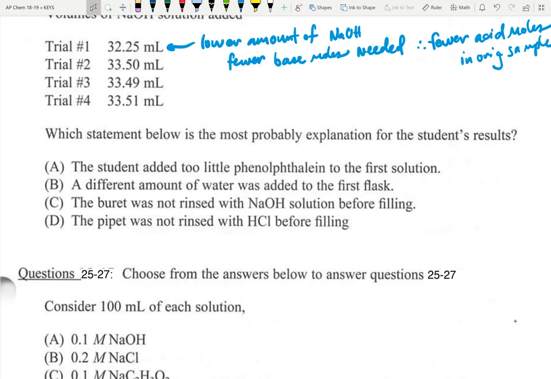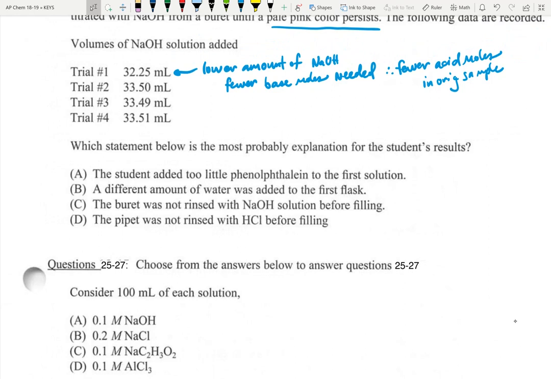So which of these two, C or D, would reduce the acid moles? In other words, which of these two would water down the acid and give us fewer acid moles than we thought were there? D, because there might have been water left behind in that pipette.